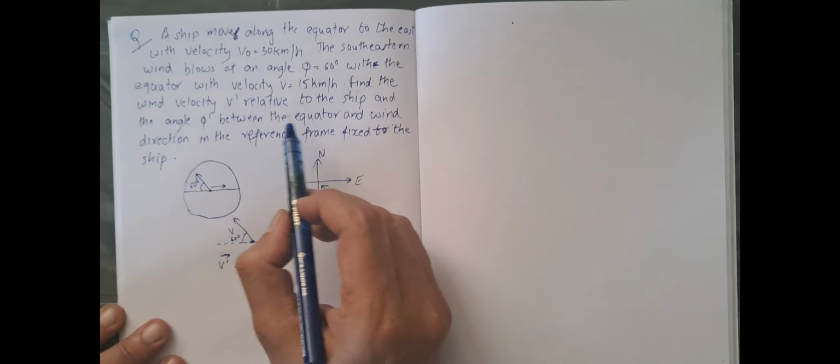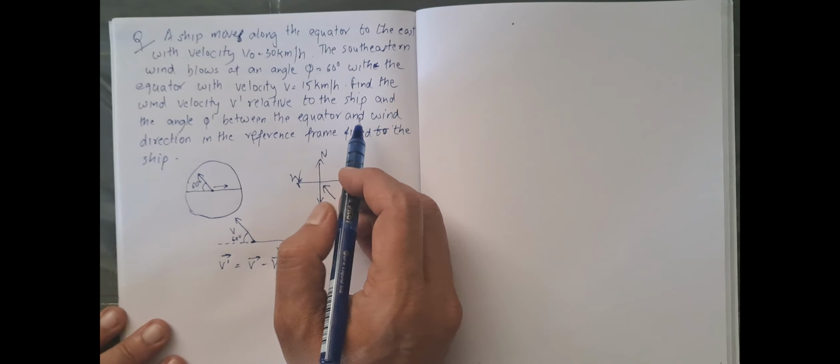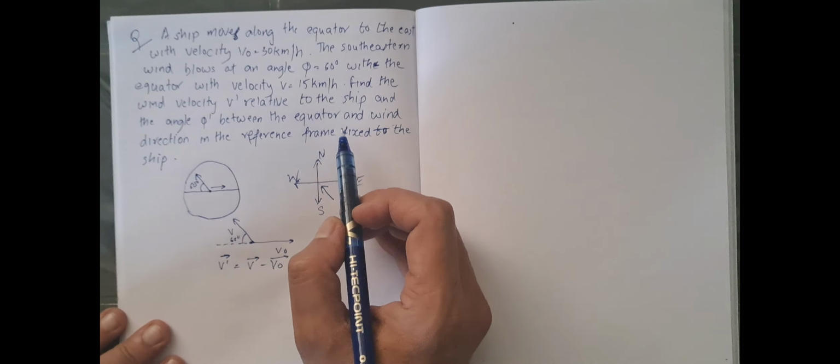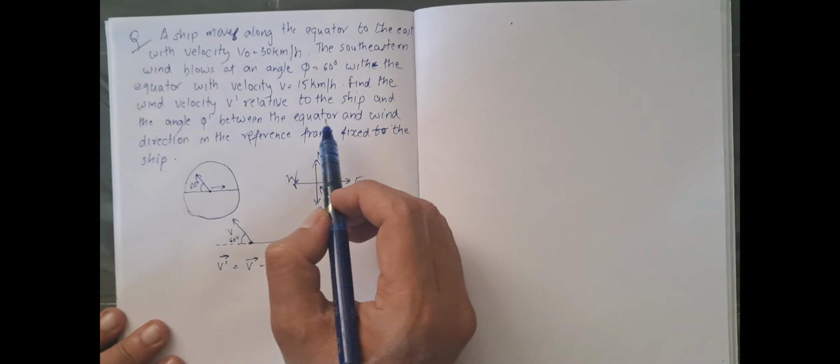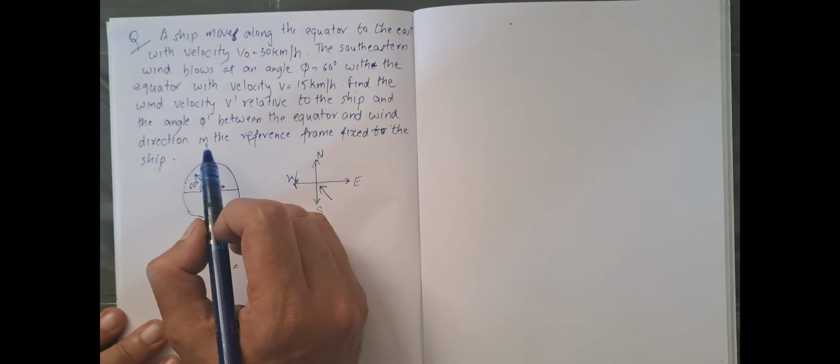The second thing that they have asked in this question is the angle phi dash between the equator and the wind direction in the reference frame fixed to the ship. So this question basically means that you are considering the reference frame which is fixed to the ship, and then you are trying to figure out what is the wind velocity vector, and how much angle that vector makes with the equator.